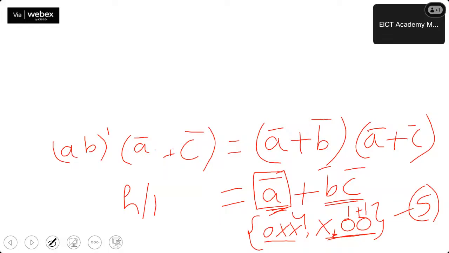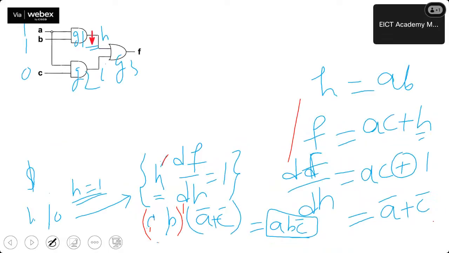So if h was stuck at 0, I am having 5 combinations, starting from 0, 1, 2, 3 and 4. These are the combinations I can have to detect this fault using the Boolean difference method.